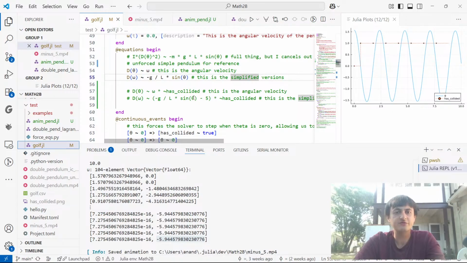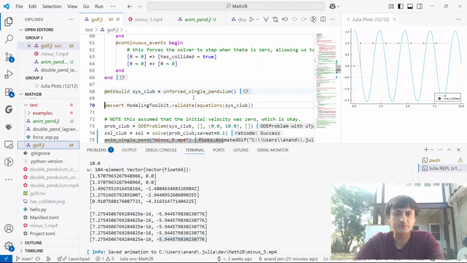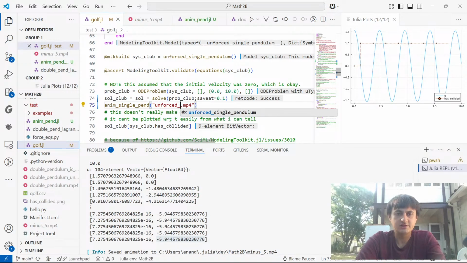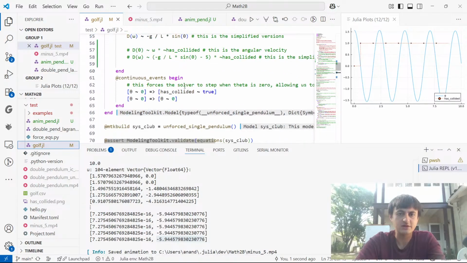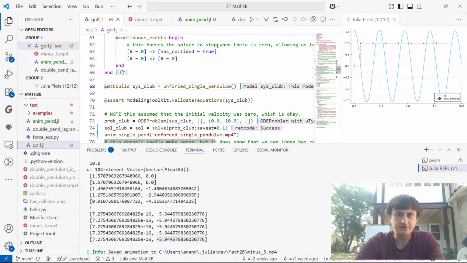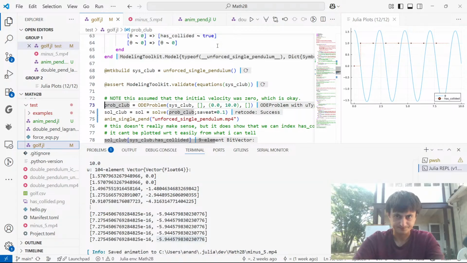If we do this system with no forcing, this is going to be the unforced single pendulum. This is just going to be the reference video. So this actually should validate. If we run this, this one actually does validate.